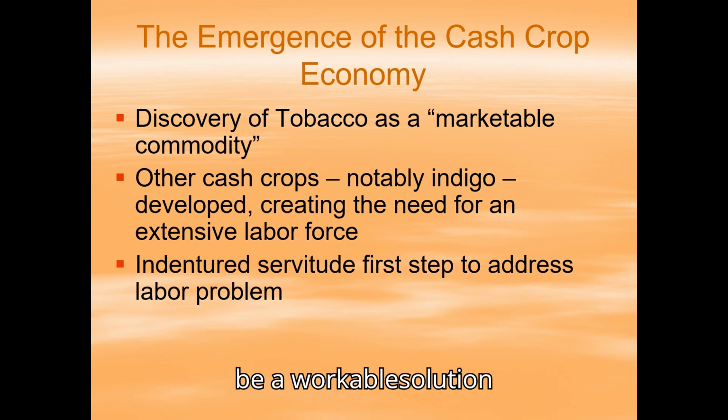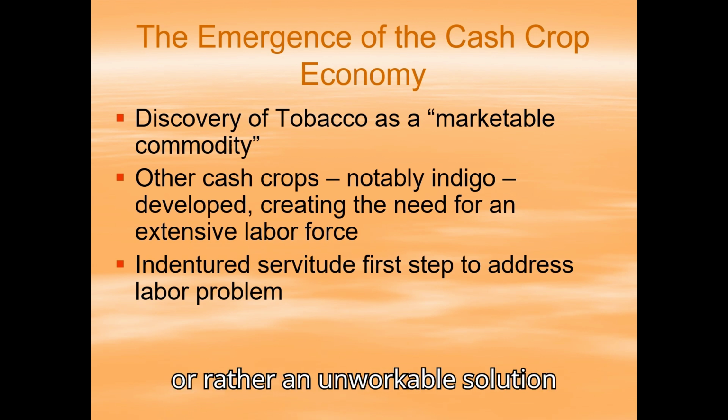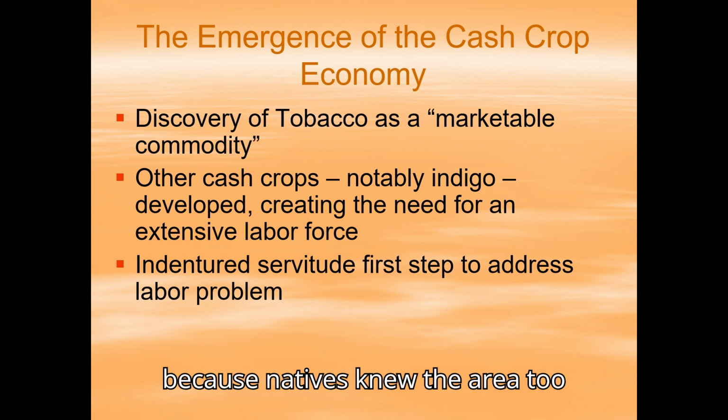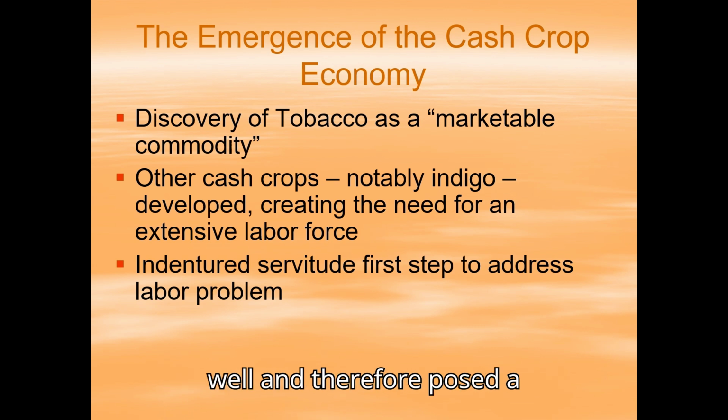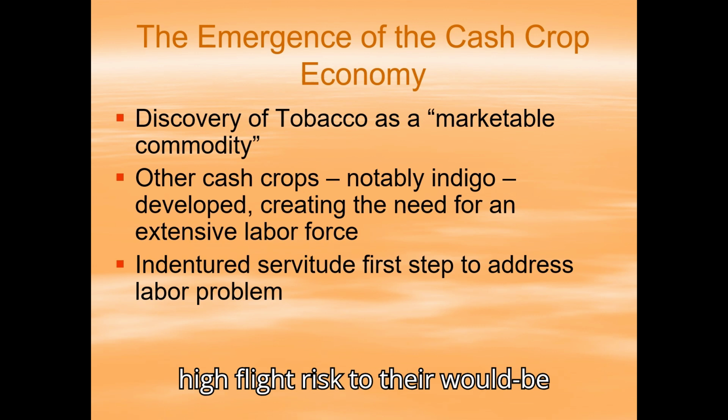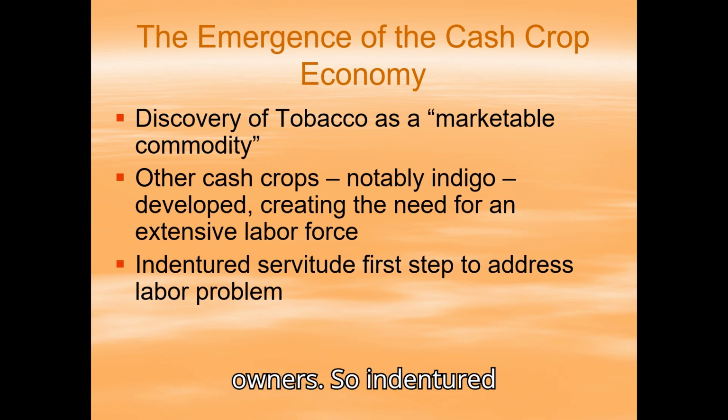But this proved to be an unworkable solution, because natives knew the area too well and therefore posed a high flight risk to their would-be owners. So indentured servitude was tried next.